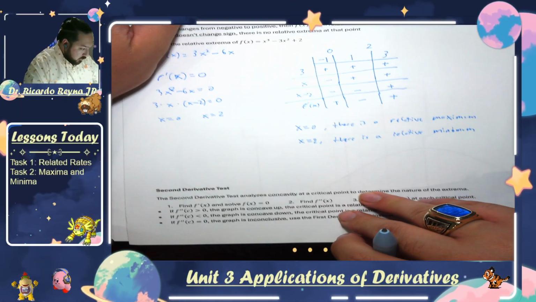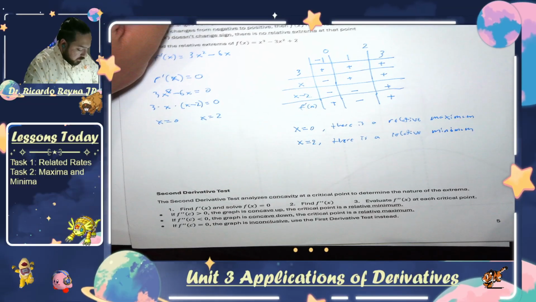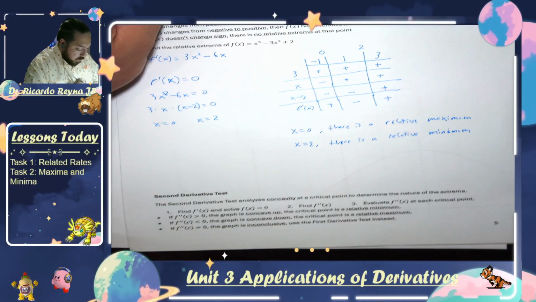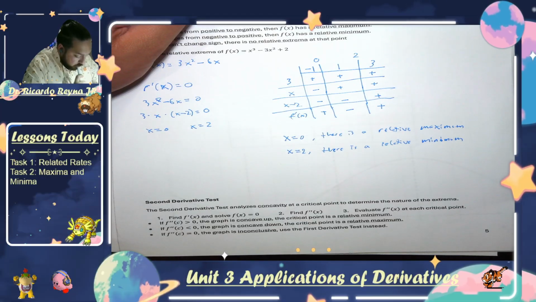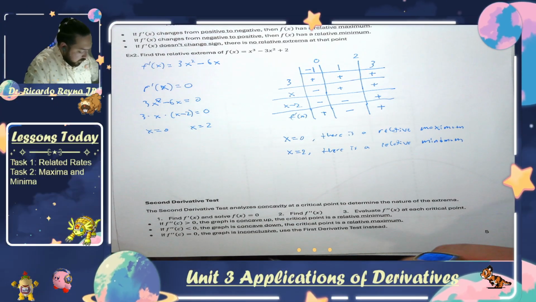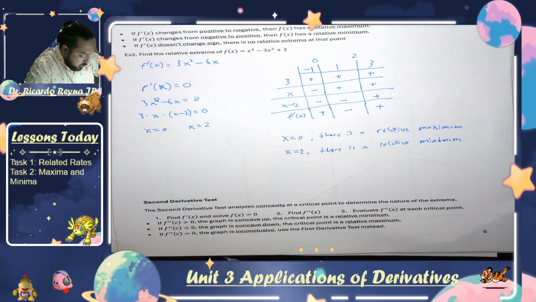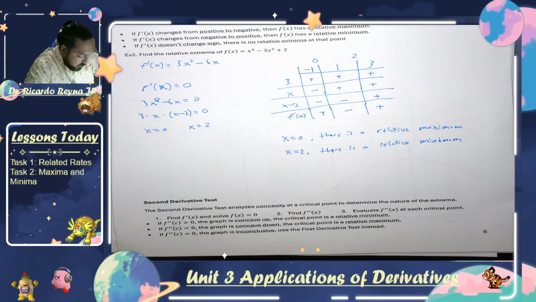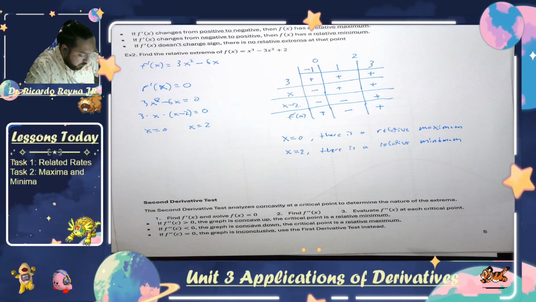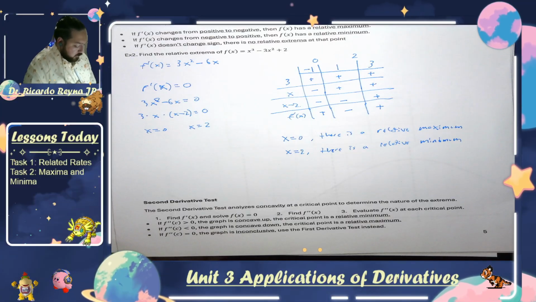Next, let's try the second derivative test. The second derivative test analyzes the concavity at a critical point to determine the nature of the extrema. Find f prime of x and solve f prime of x equal to 0. Then find f double prime of x and evaluate f double prime at each critical point.